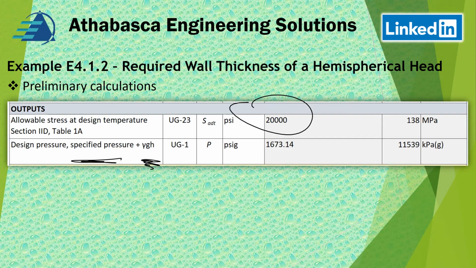Rho is a function of how dense the material is, which was given in the previous table, gravity is given, and of course h is the head. When we combine those together, as per UG-21, we get an adjustment upwards to 1673.14. That's quite critical for your design and your design pressure. So we made that adjustment.